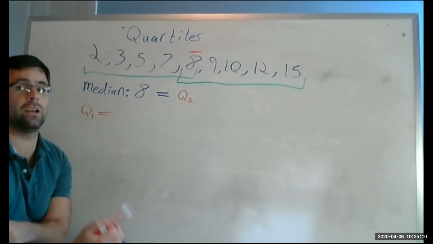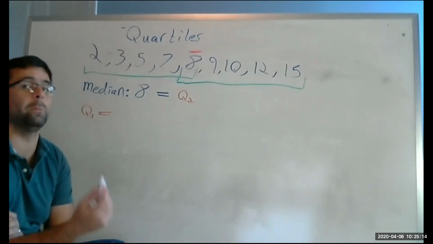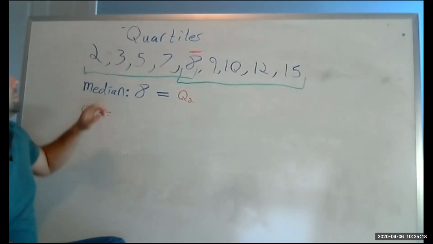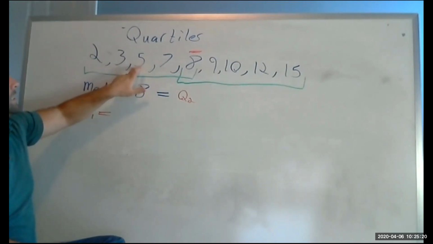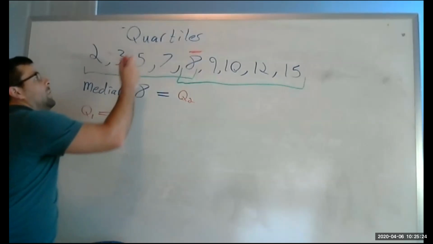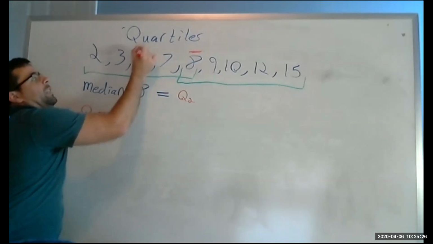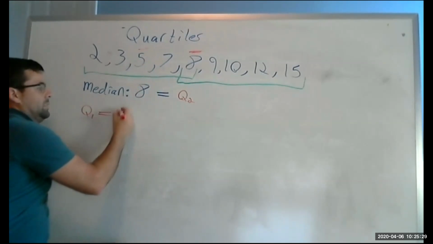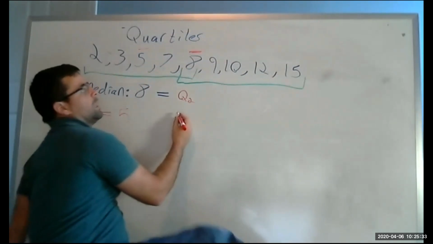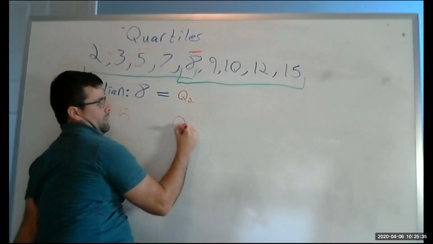Would it be 5? Yeah, it's going to be 5. So what we do is we find the median of both sides. The median of this one is, there's 2 on this side, 2 on this side. So the median here is 5. The median on the other side would be 10. All right, my bad.